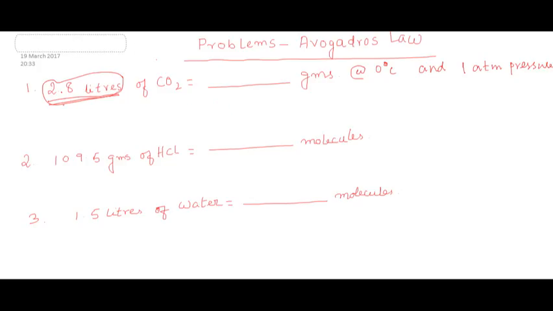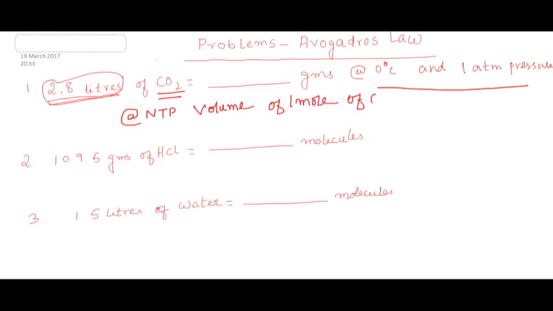So first of all, if I have to convert this volume into moles, as CO2 is a gas and it is at 0 degree Celsius and 1 atmospheric pressure, so at NTP, volume of 1 mole of CO2 is equal to how much?